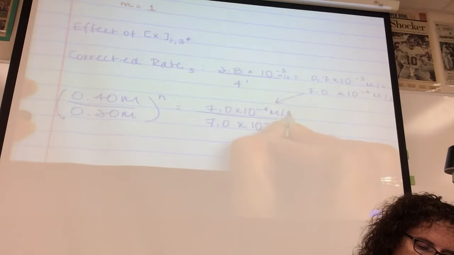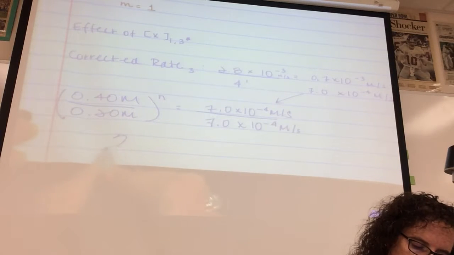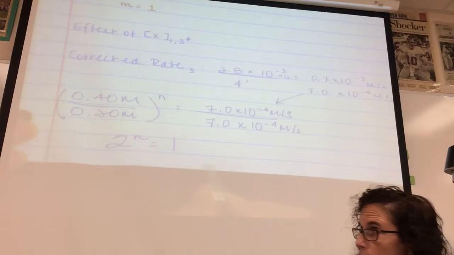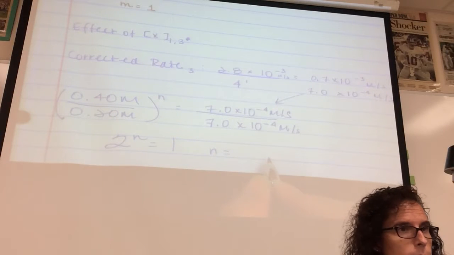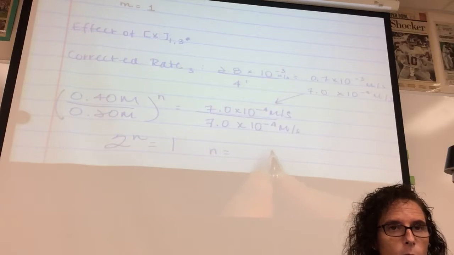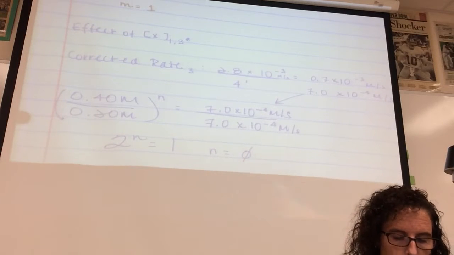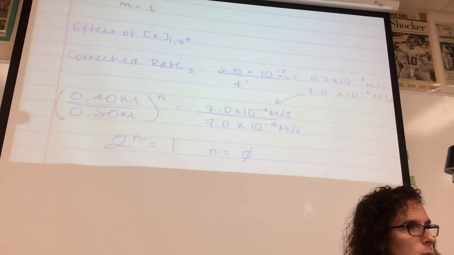That's a lowercase s, it's kind of sloppy. So I have 2 to the n is equal to 1. So what's n? Anything to what power is 1? 0. Okay?